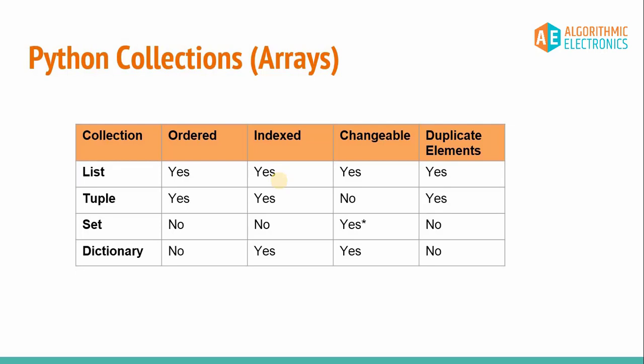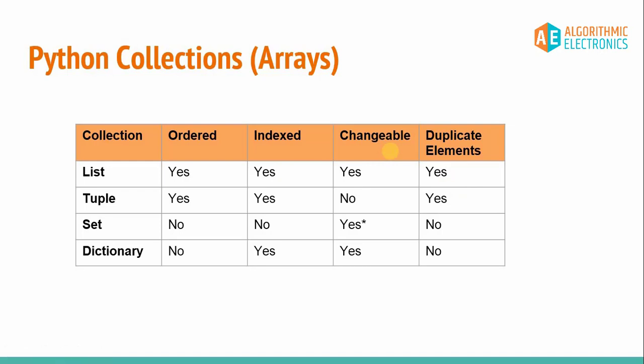For example, if I declare z is equal to a list of 1, 2, 3, 4 and 5, then at z of 0 we'll find the first value, and so on. So it has a particular index, and at every index you will find some element with some value. Changeable, what do we mean by changeable?